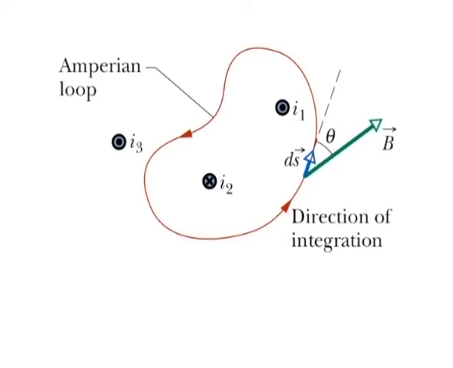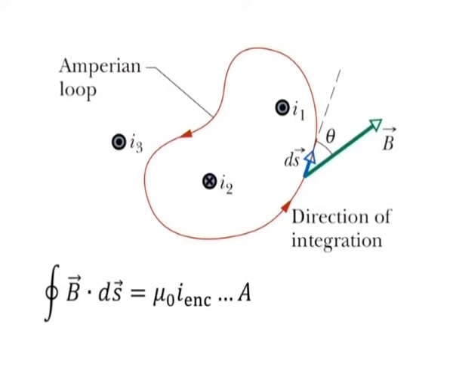An arbitrary Amperian loop lying in the plane of the page encircles two of the currents but not the third. The counterclockwise direction marked on the loop indicates the arbitrarily chosen direction of integration for equation A.